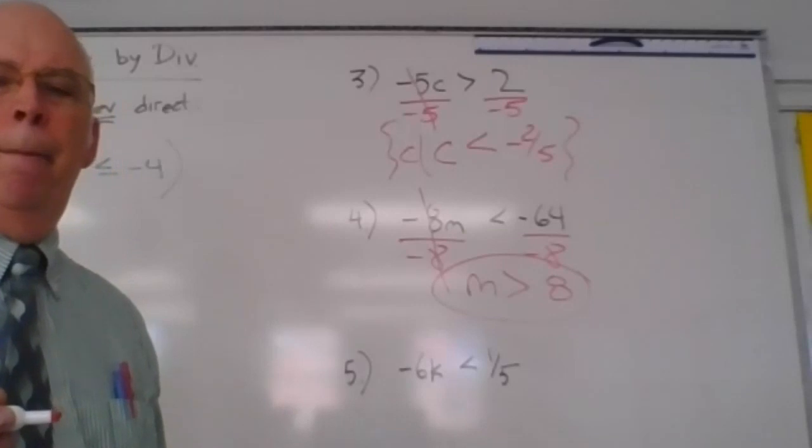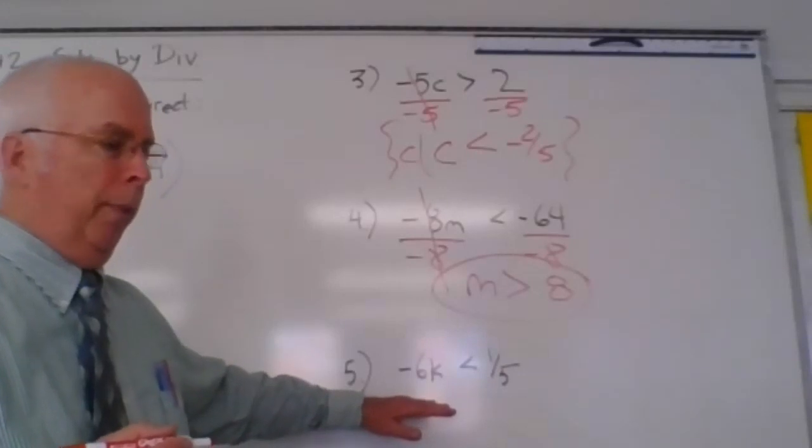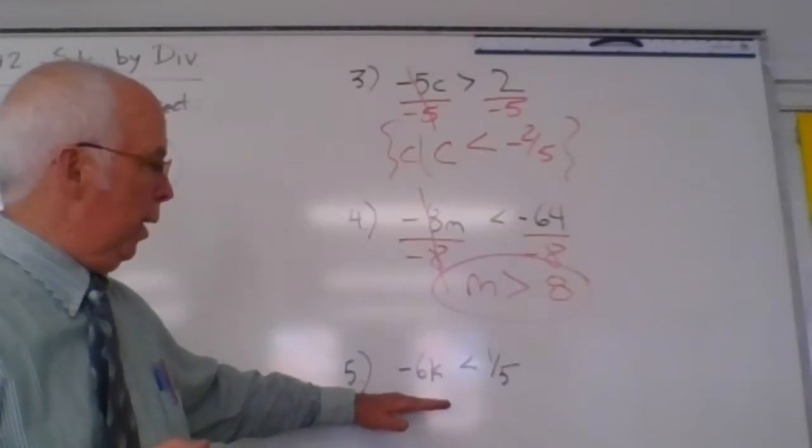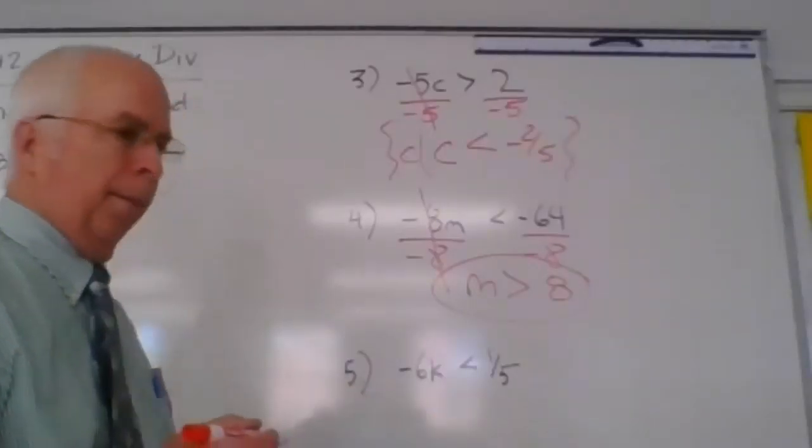My screen's still blurry, like it won't work. You could just tell me how you would solve it. I know, but I can't see it though. All right, write it down on a slip of paper, or on your paper. -6k is less than 1/5.